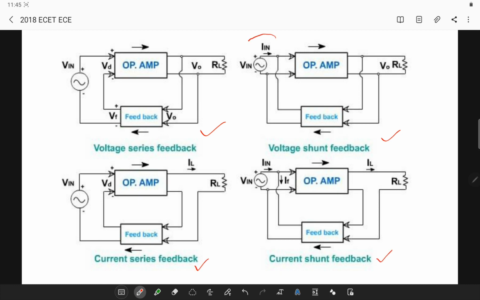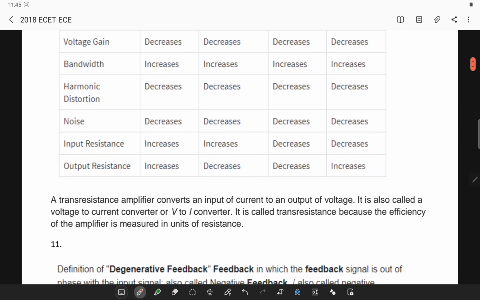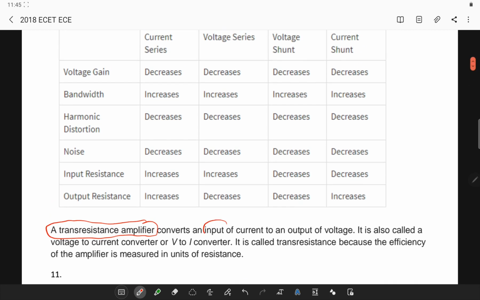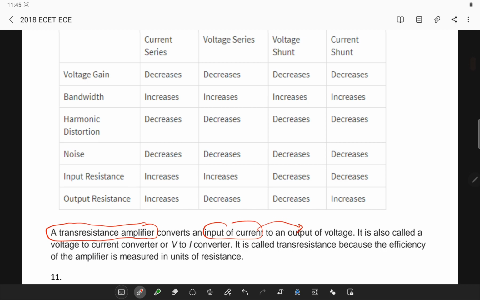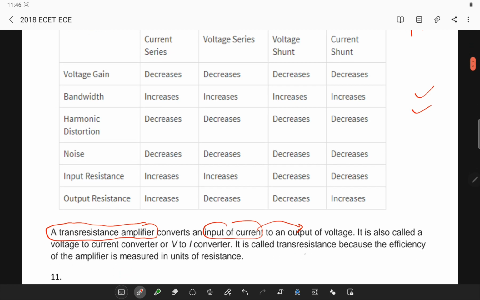In this case the input is Iin, whereas the output is V0 by Iin. This V by I is nothing but resistance, so we can simply call it a transresistance amplifier. This converts your input current to output voltage. This is a very important table which we will deal with in the next topics. It is called transresistance because you have V by I.